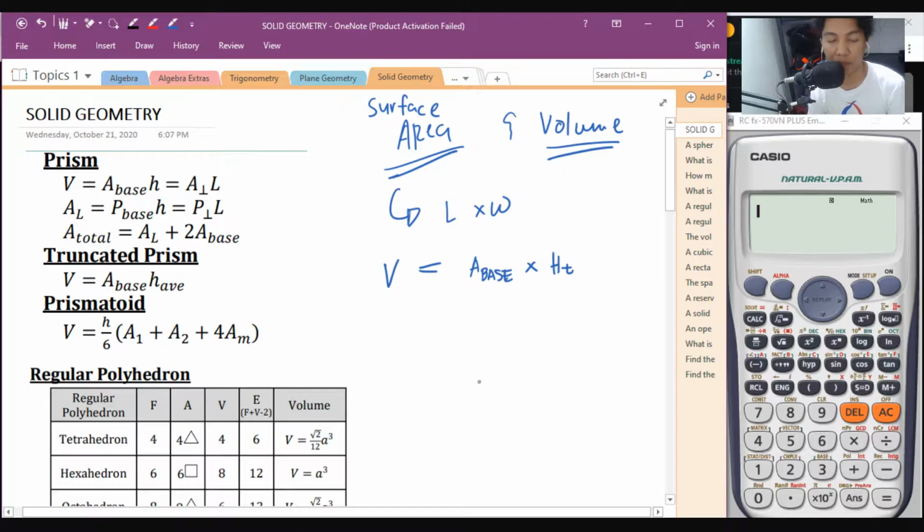Ganun lang yun. Now, meron tayo dyang rectangular parallelepiped, meron tayong cube, meron tayong prism, meron tayong cone, iba-iba ang formula nila. Meron tayong solid figure na pabilog, which is a sphere. Meron din tayong elliptical oval. Paano natin masosolve yun? So, I have here all the formula that you need. Okay?